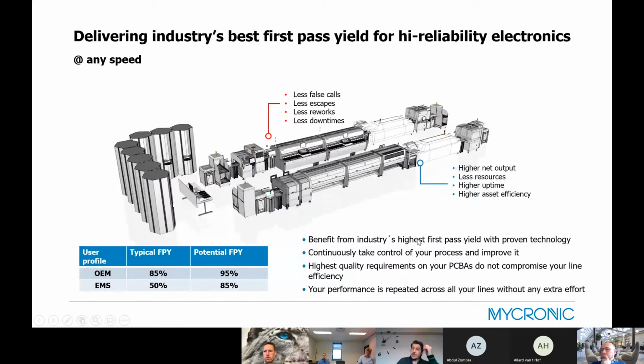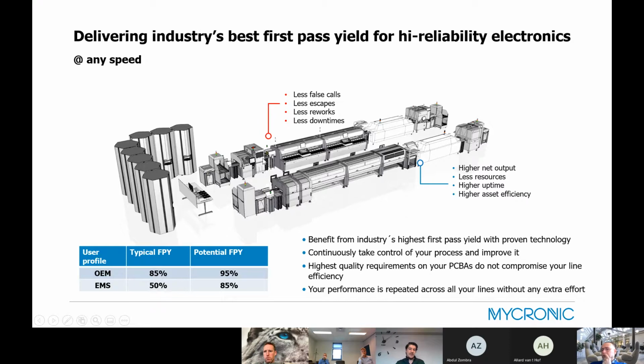Coming to the productivity, one point is the first pass yield, which is very important. It means that the boards you enter at the beginning of the line need to come out the first time with a good result. And what is our job in achieving the best first pass yield?